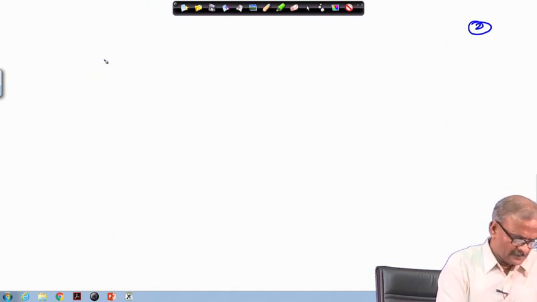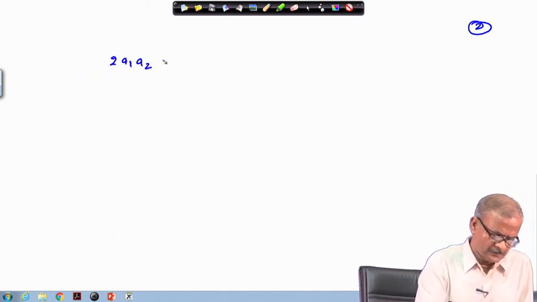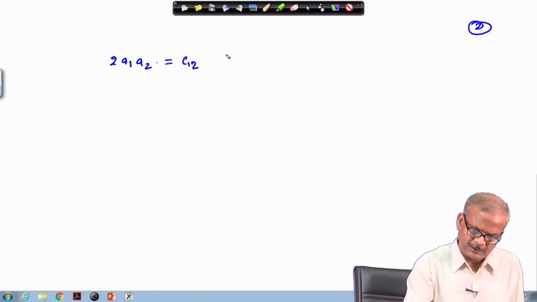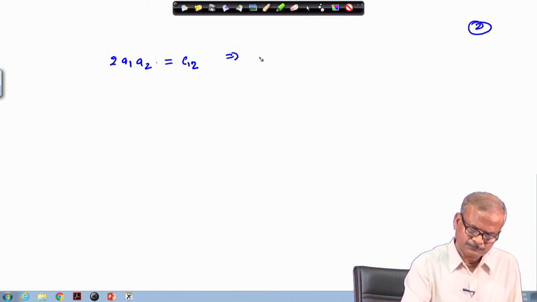For the off diagonal terms, we have 2 A1 A2 minus 0, and the 0 we have already removed, so this gets reduced to C12. This implies A1 A2 equals C12 divided by 2.